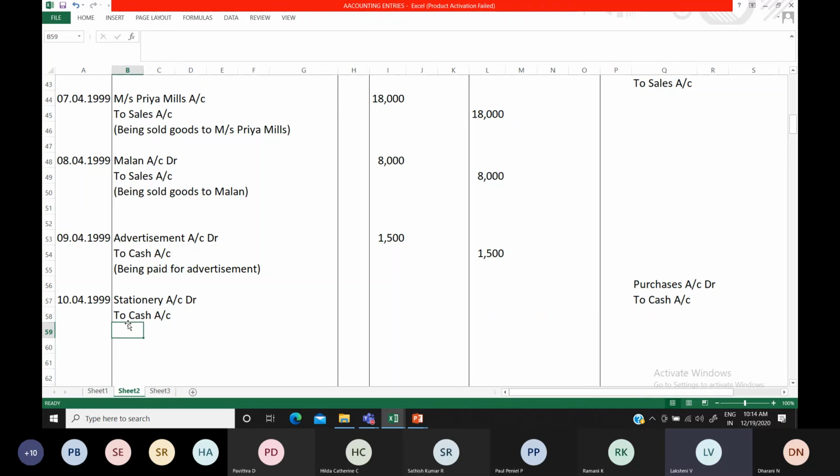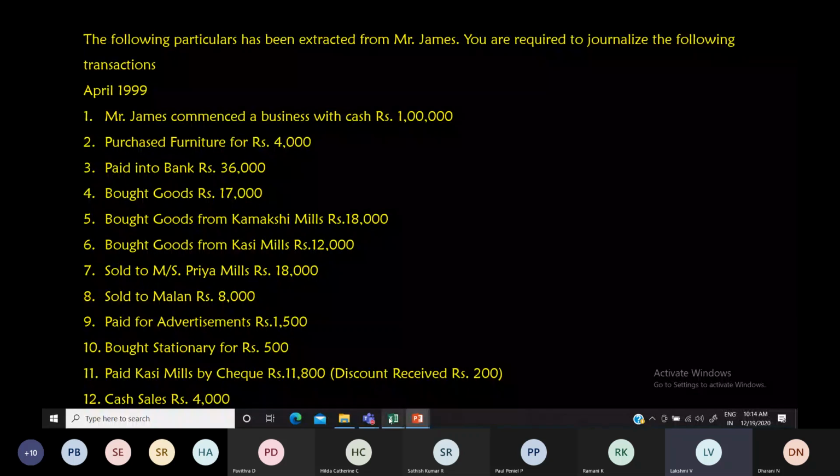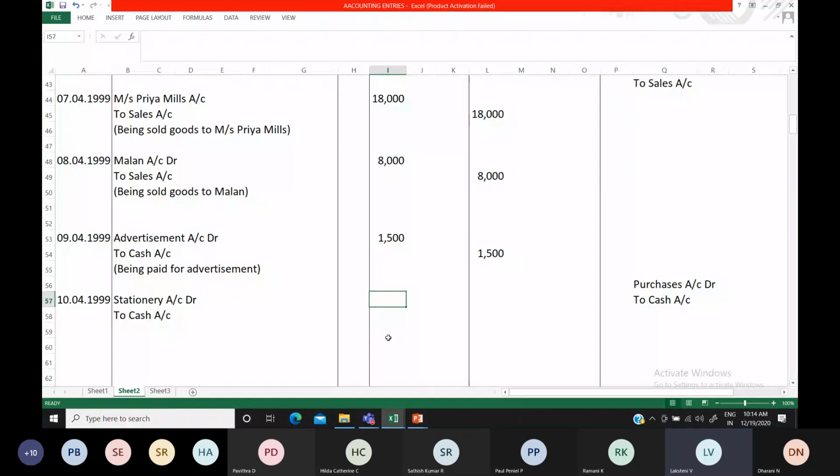With cash I have bought some stationery items like that. So cash account only I have to credit. Why is cash account credited? Cash is going out of my business when I purchase stationery. So cash account I have to credit what goes out. Whatever amount is given, rupees 500 they have purchased, that 500 you just mention here and give a narration for that.